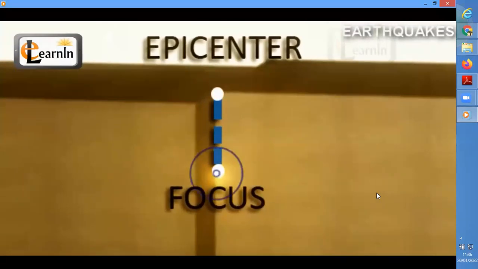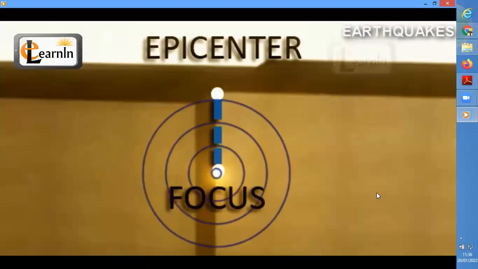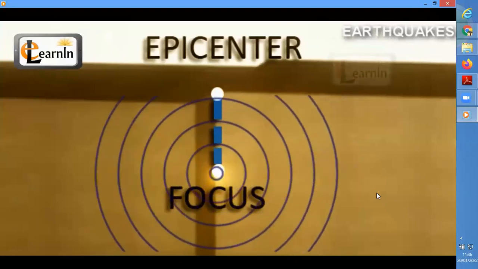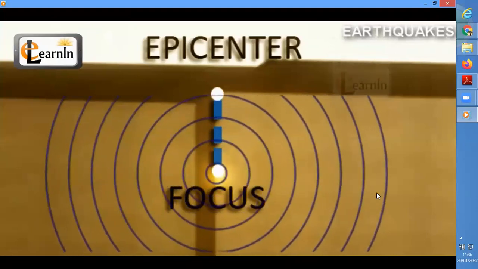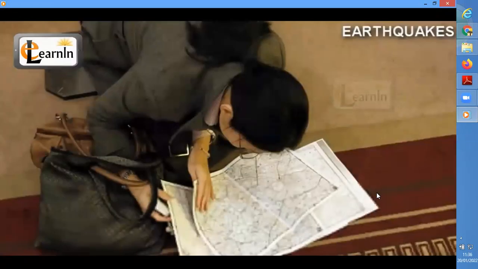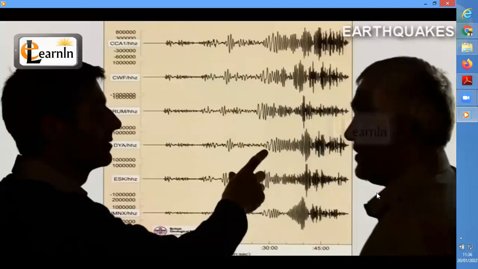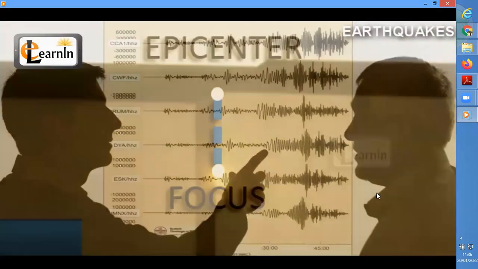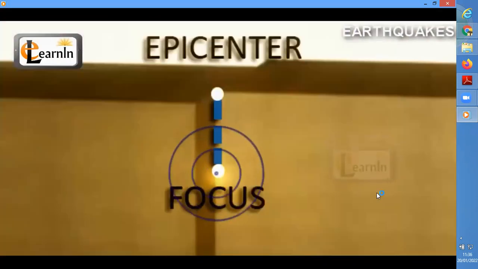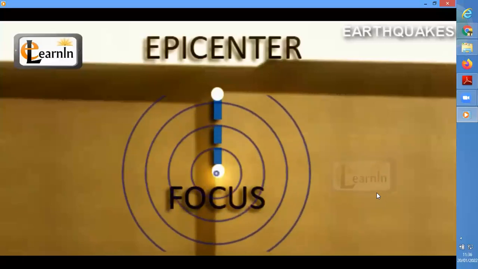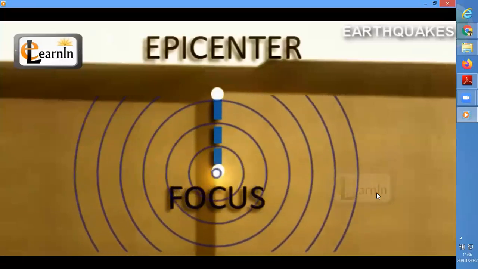Owing to the strong vibrations around the point of origin, the degree of destruction is greater around the epicenter. The branch of knowledge that deals with the study of earthquakes is called seismology, and the experts who study seismic waves are called seismologists. There are three types of seismic waves that spread in all directions from the focus.